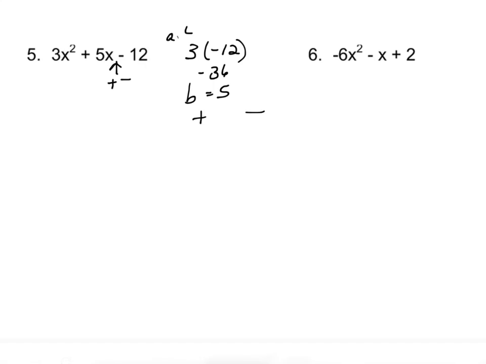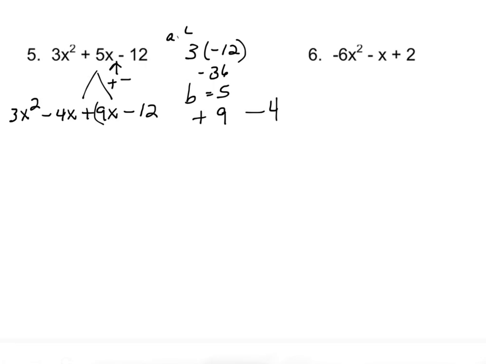Alright, so 9 times 4 is 36. So I wanted positive 5, so it'd be positive 9 and negative 4. Split your middle term. So 3x squared comes from the 3x squared in the original problem, minus 4x plus 9x minus 12.